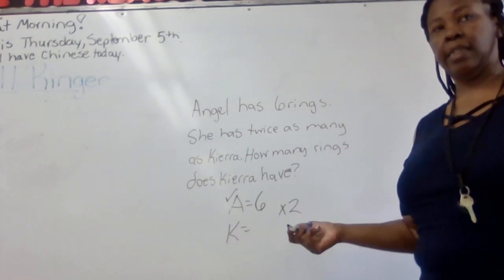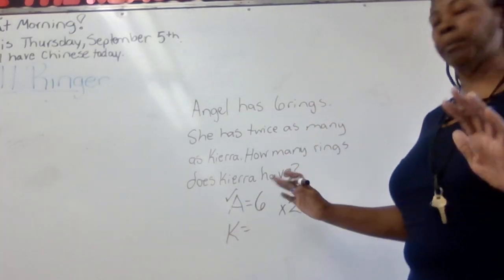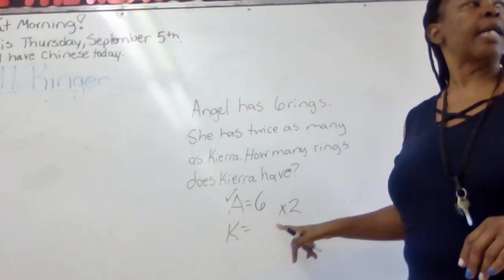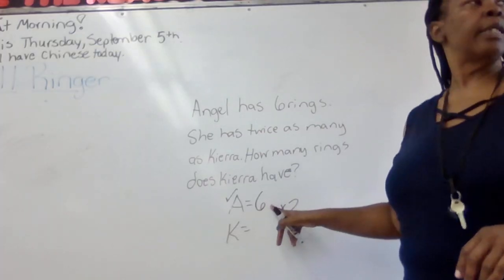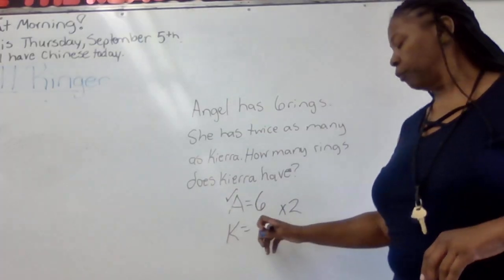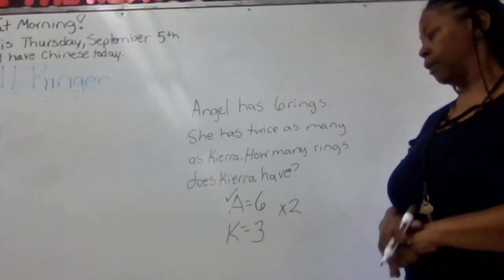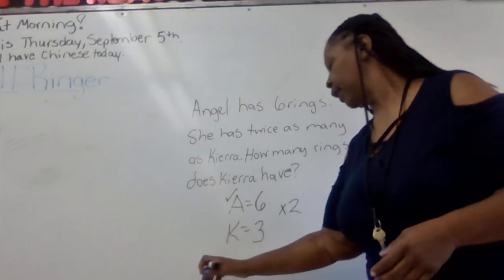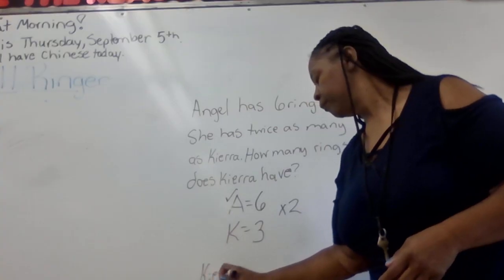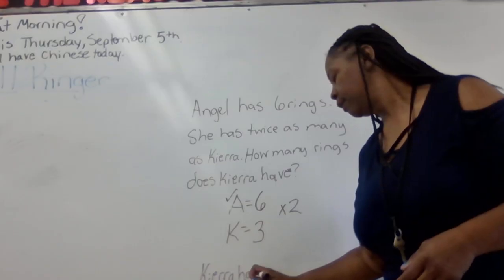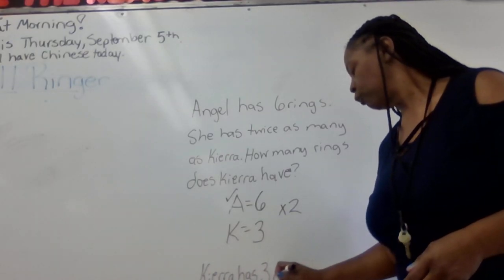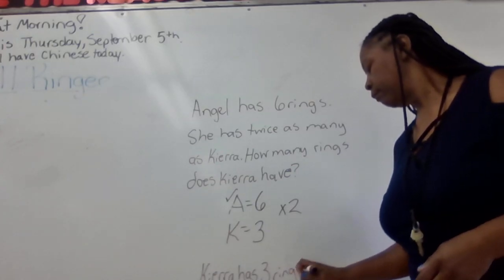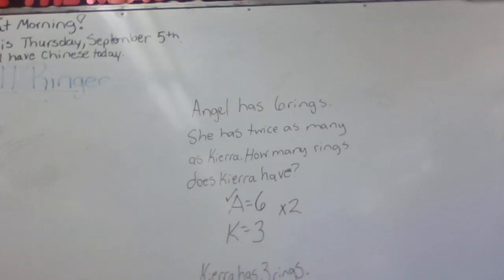So in essence we're dividing, or we're going backwards doing multiplication. So what times 2 gives us 6? And our answer is 3 times 2 gives us 6. So our sentence will be: Kiara has 3 rings. Okay? Good luck on homework tonight.